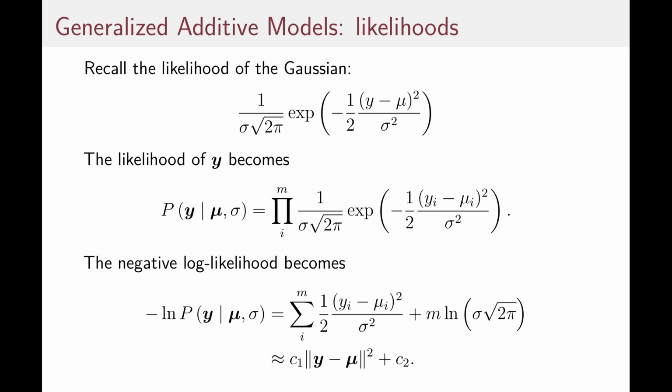There is some misunderstanding about this sometimes. People sometimes think that if you're doing least squares, you have to believe that the data is normally distributed. That's not true. You're optimizing for the mean.